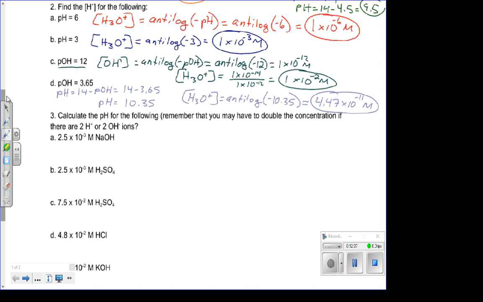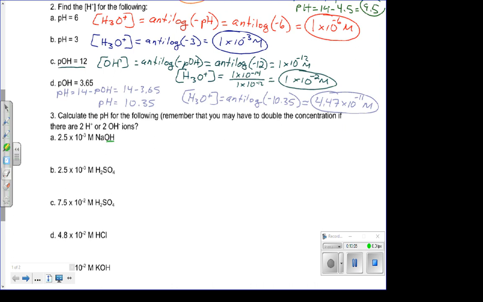Number 3, calculate pH. So in this, they give you a concentration with a formula. You have to realize which one you have. So in letter A, we have 2.5 times 10 to the negative third molar sodium hydroxide.